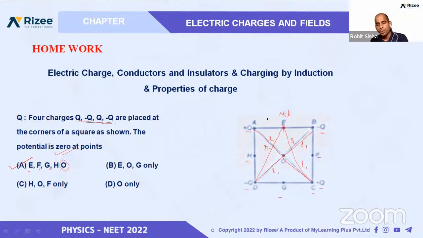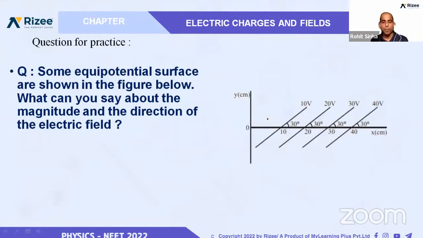Okay. Let's move to the second question, which is very important. This question is taken from the S.C. Verma book, Concept of Physics. It is a very good question. It says some equipotential surfaces are shown here.